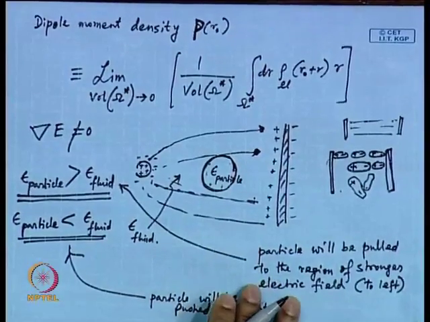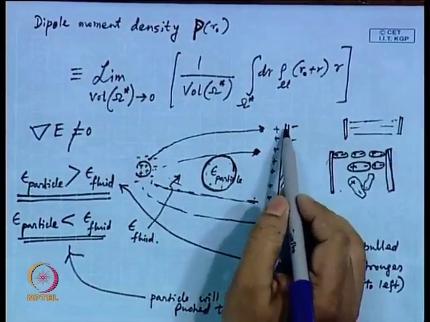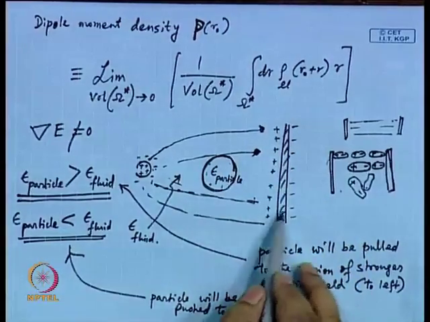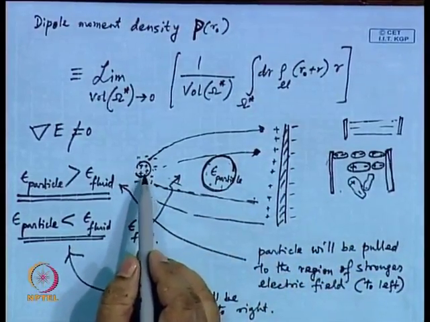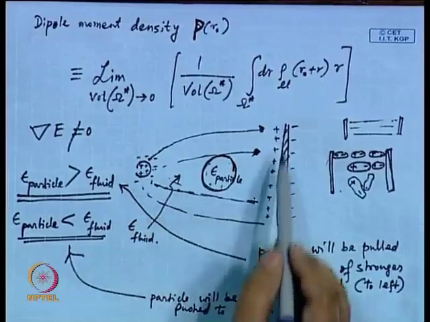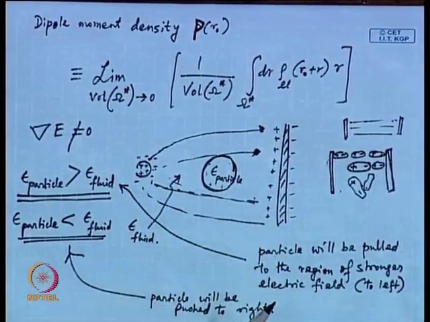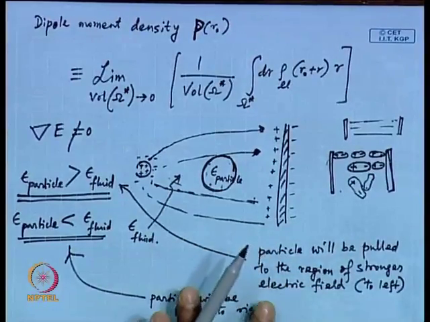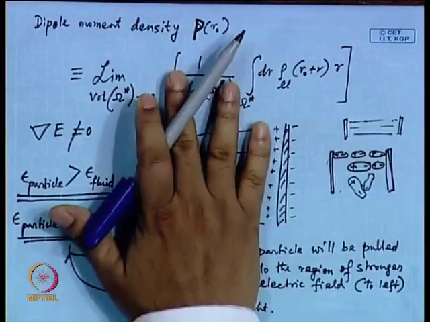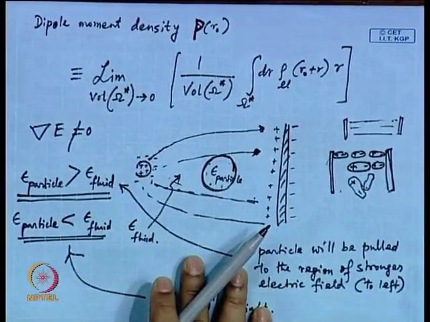Suppose you have a channel. On one wall you have a planar electrode, and on the opposite wall a point electrode, and you have different particles flowing through this region.